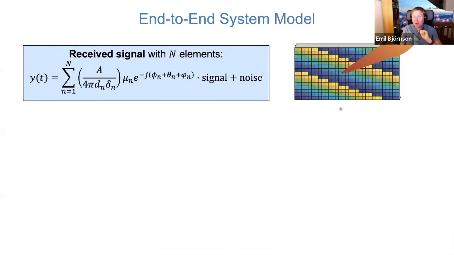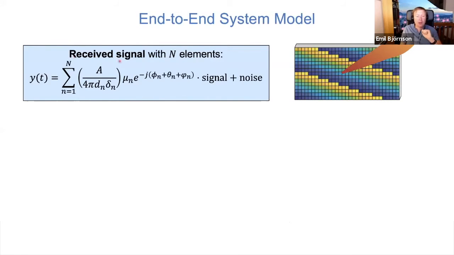But if we are having a large surface here with a lot of elements, capital N elements, and you would like to focus the signal at this receiver here, then the received signal will be that you take the transmitted signal, you multiply it with what I was computing on the previous slide, this joint effect of the channels and the surface for one element.